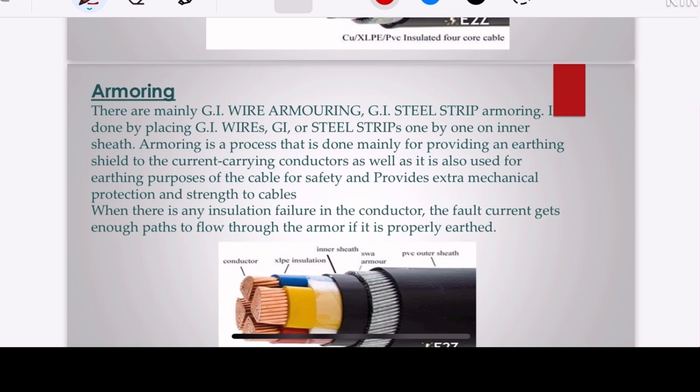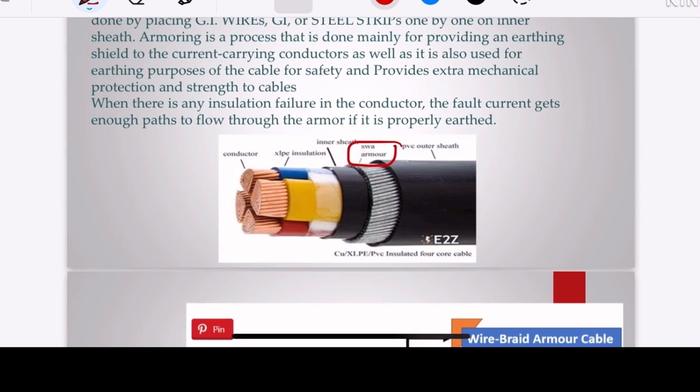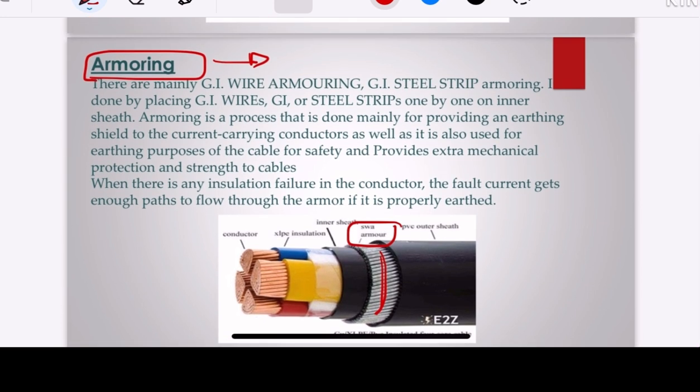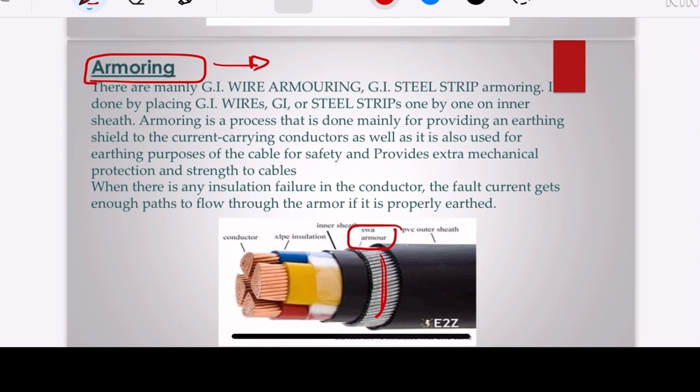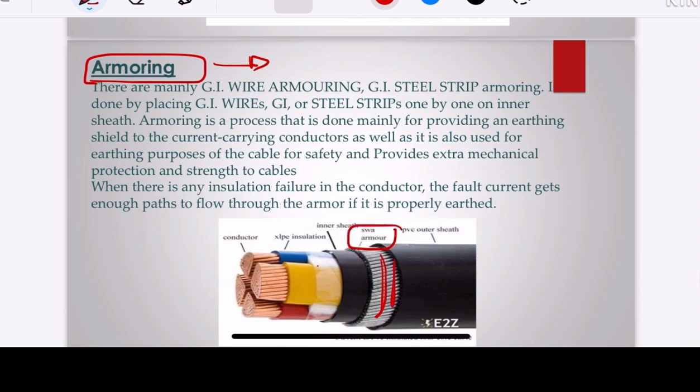This is a very important part to discuss, that is armoring. Here you see this portion of the cable is called armoring. The main purpose of armoring of the cable is to provide mechanical strength and to avoid any damage to the insulation of the cable through any mechanical stress on the cable.